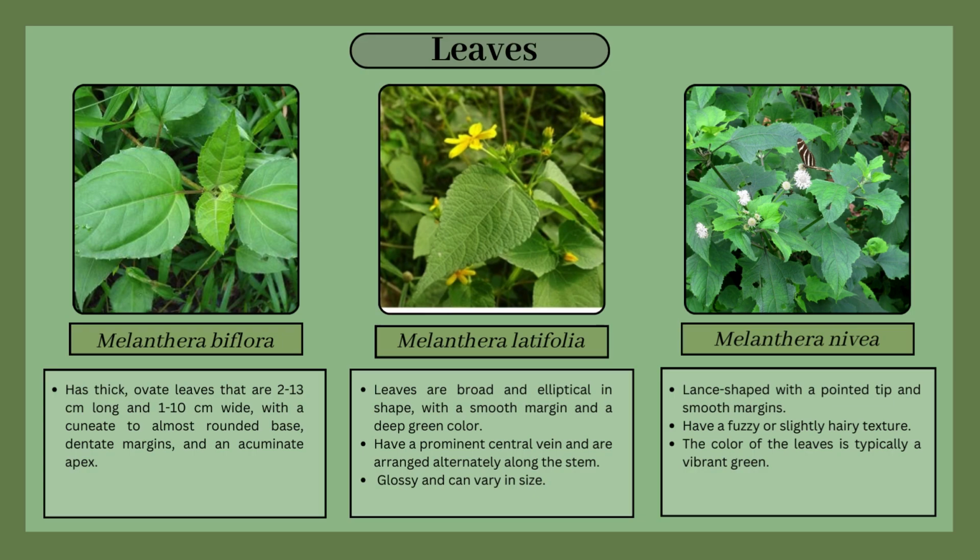They have a prominent central vein and are arranged alternately along the stem, glossy and can vary in size. For Melothria nivea, the leaves are lens-shaped with a pointed tip and smooth margin, with a fuzzy or slightly hairy texture. The color of the leaf is typically a vibrant green.